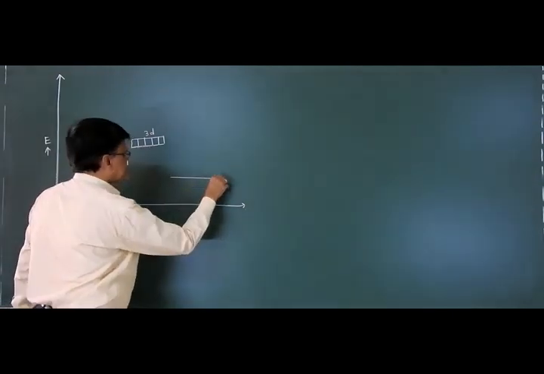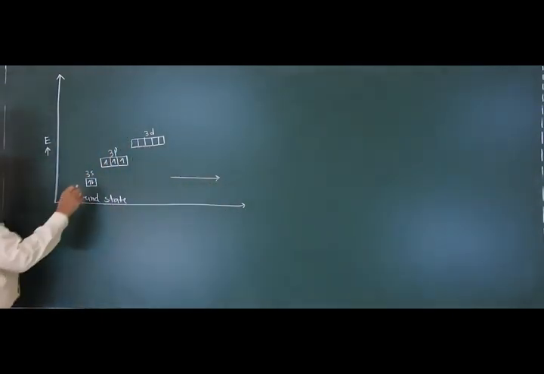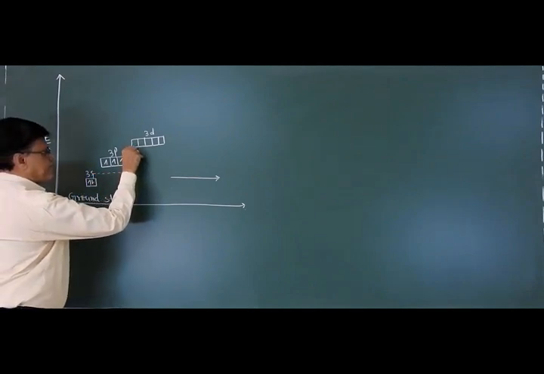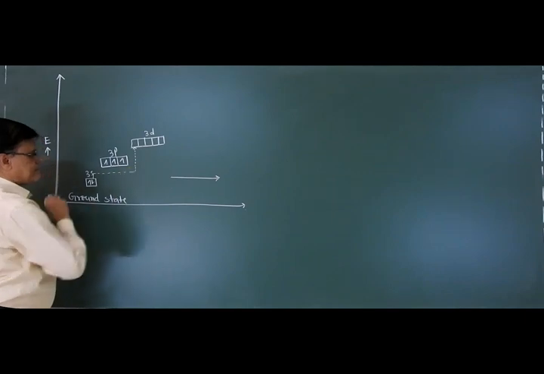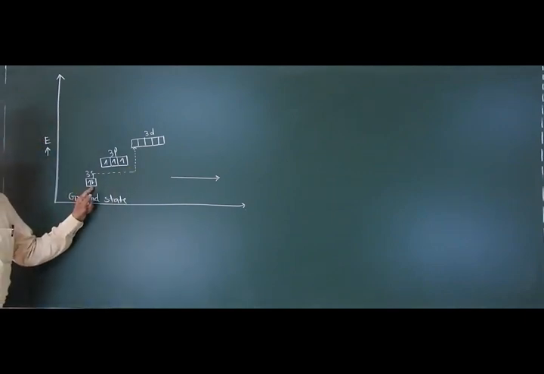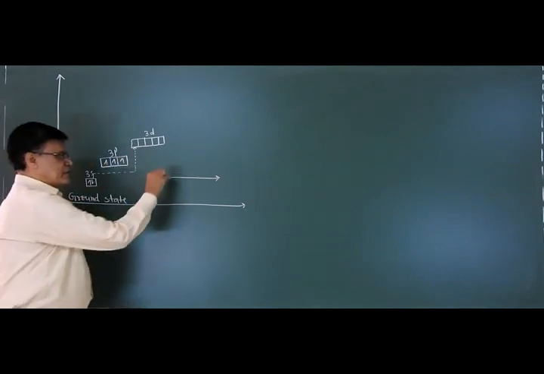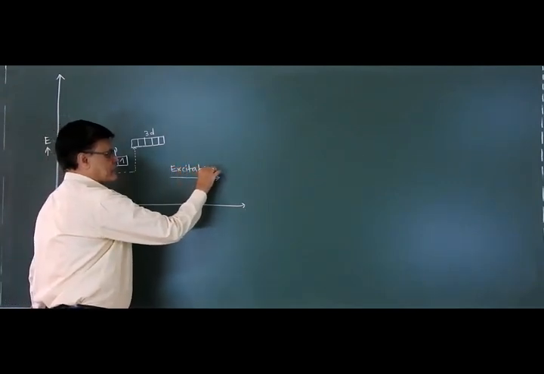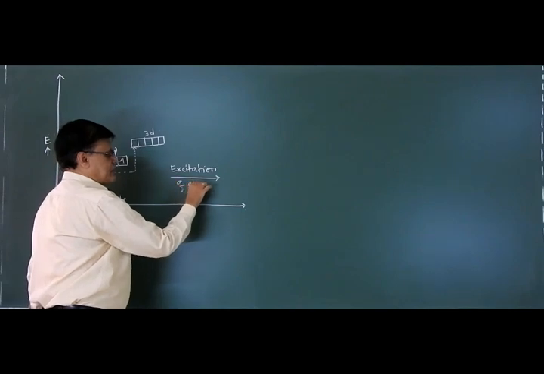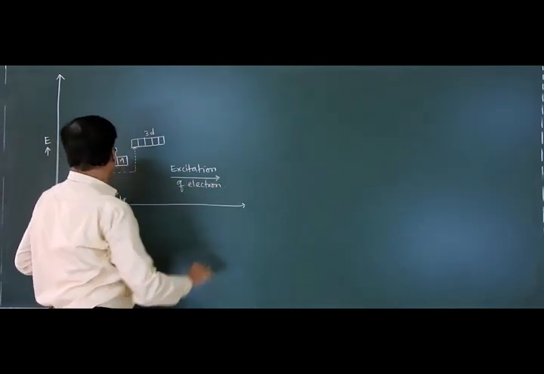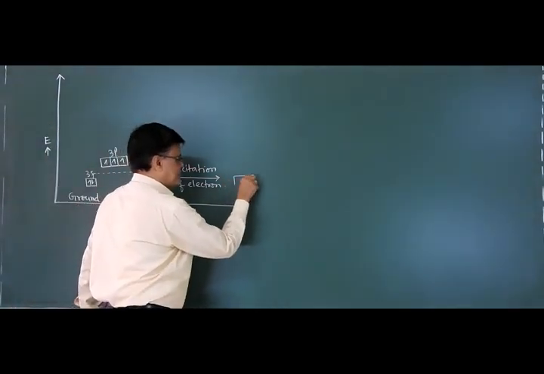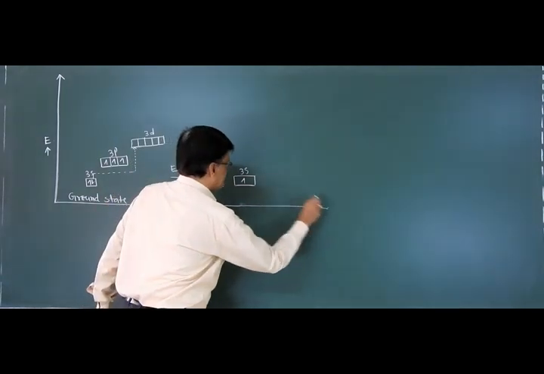Now here, excitation of electron like this. One electron promotes from 3s orbital to 3d orbital. After excitation, 3s has only one electron.